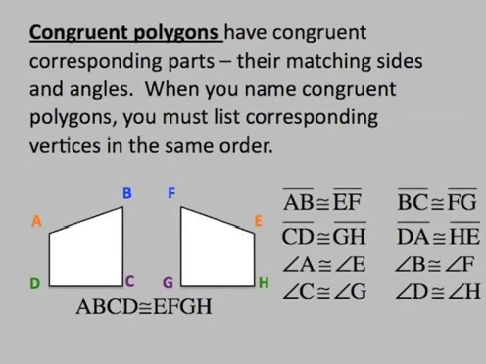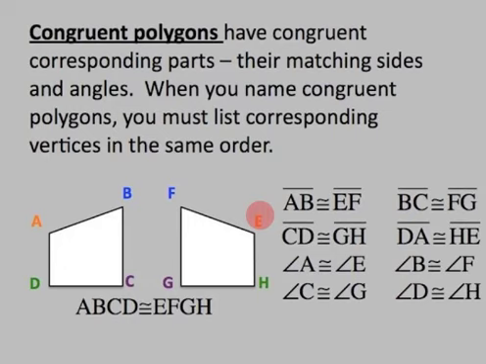So with the information added to the right, we can see that segment AB is congruent to segment EF, that segment BC is congruent to segment FG, segment CD is congruent to segment GH, and finally that segment DA is congruent to segment HE.